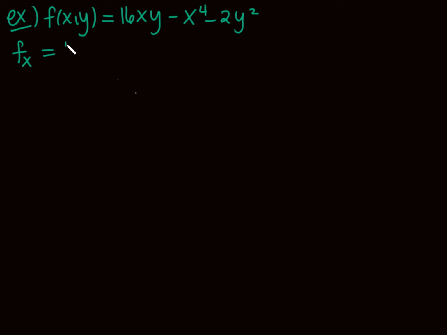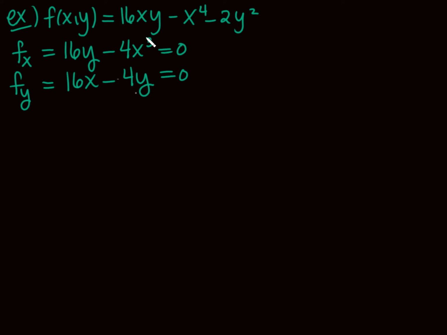So first partial with respect to x is 16y minus 4x cubed, right? Partial with respect to y, if I look at this, is 16x minus 4y. And I'm going to set these equal to 0. Now, because I have this cube right here, I'm going to approach this a little bit differently.